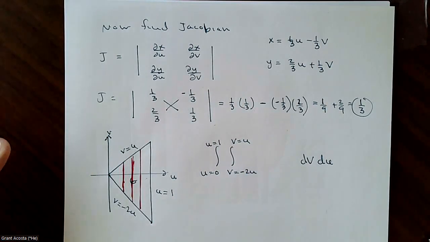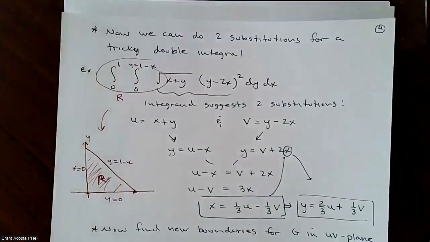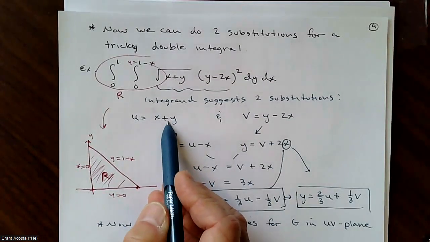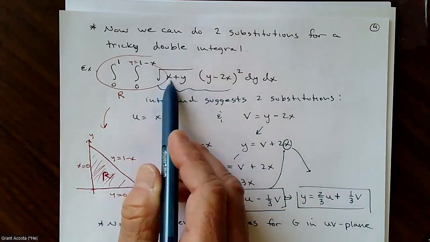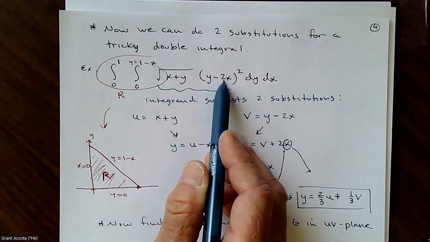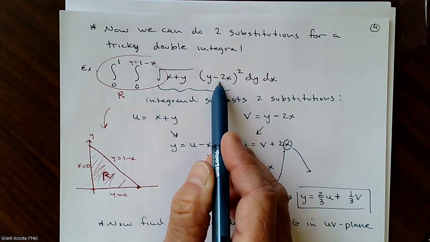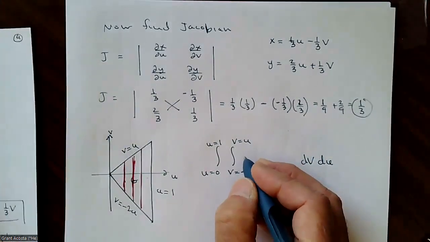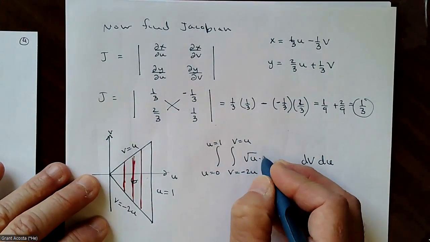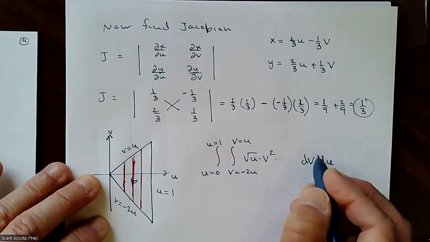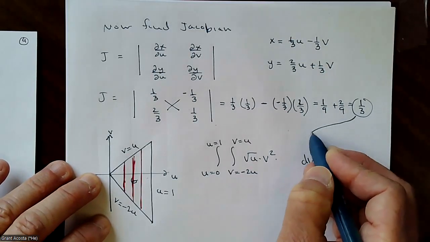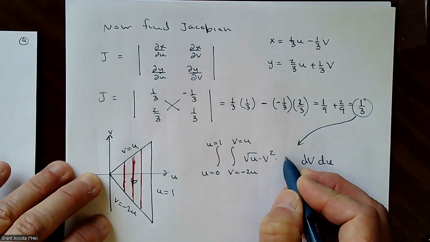What are we integrating? Remember, we made these substitutions for these messy expressions. Remember, we had root x plus y and y minus 2x squared. So this is really the square root of u, and this is really v squared. Square root of u, v squared. And the Jacobian is that expansion or contraction factor.